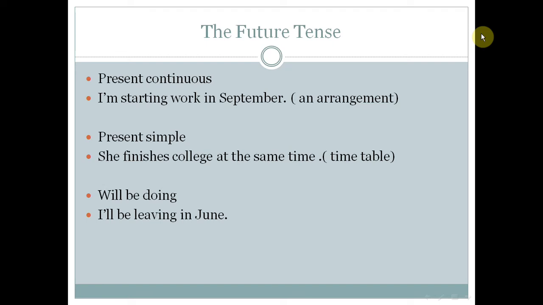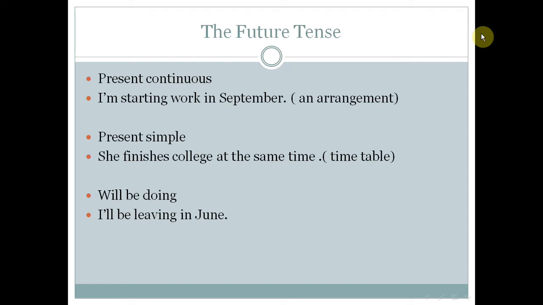She finishes college at the same time. For example, the first lecture starts at 8 o'clock. So when there is a timetable in the future, we use a present simple tense to express the future. So if she finishes college at the same time, it's a timetable.